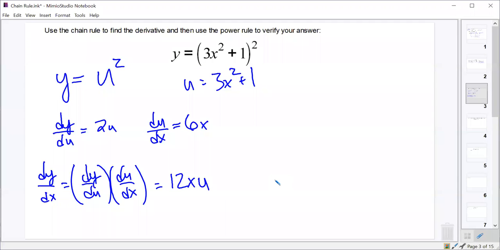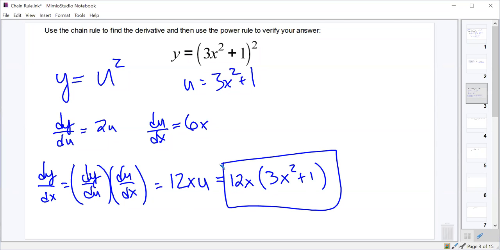And since our original equation was all in terms of x, we'd like to resubstitute out this u and get 12x times our original u, which was 3x squared plus 1. Everybody good with that? That's the chain rule. No questions there?